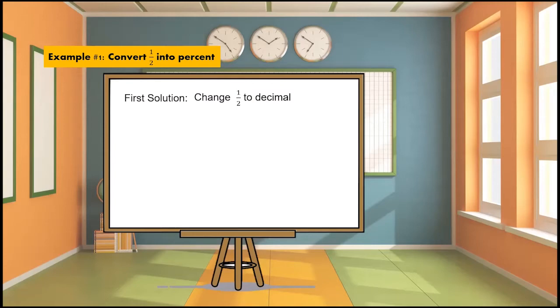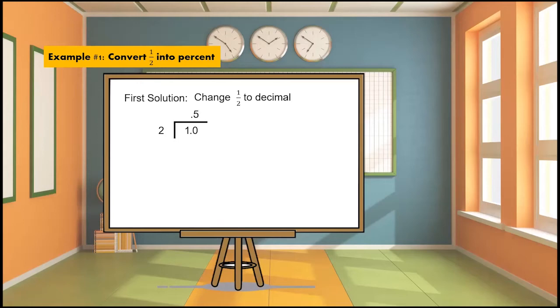In our given fraction, 1 is the numerator, 2 is the denominator. So our solution will be 1 is the dividend, 2 is the divisor. Look, we cannot divide 1 by 2. So we will add 0. Our new dividend will be 10. Divide this dividend by 2, which is 10 divided by 2.